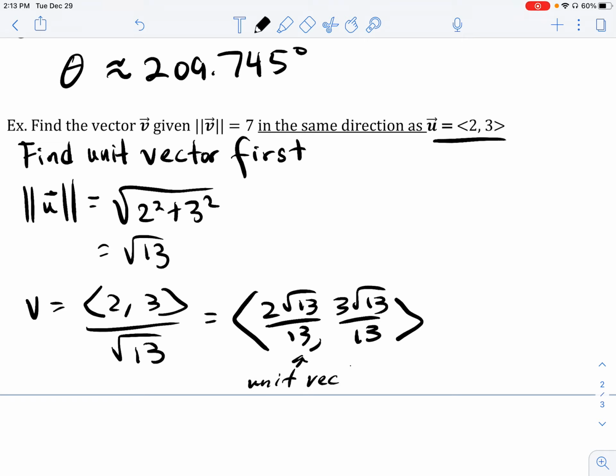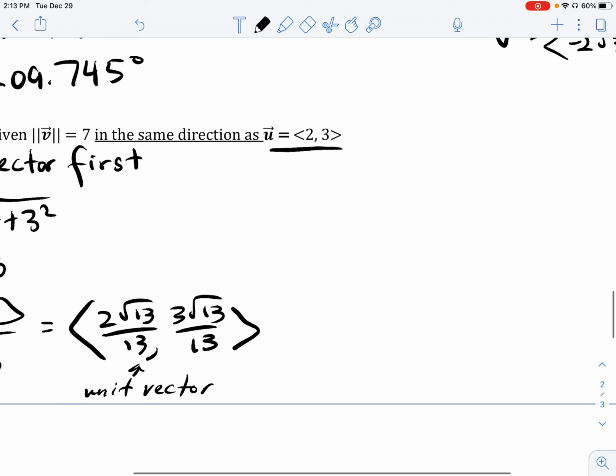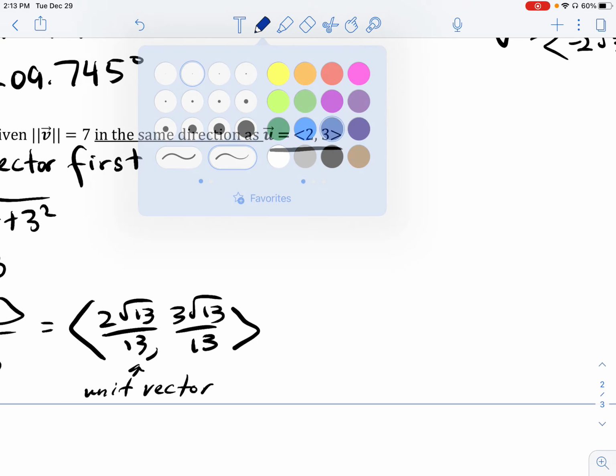So now that we have our unit vector, we're going to multiply it by 7. And now that I read the directions a little bit more carefully, it asks for the vector to be called v. So I'm going to call this here just our unit vector. Let me switch to a different color to indicate that we're finding a different vector.